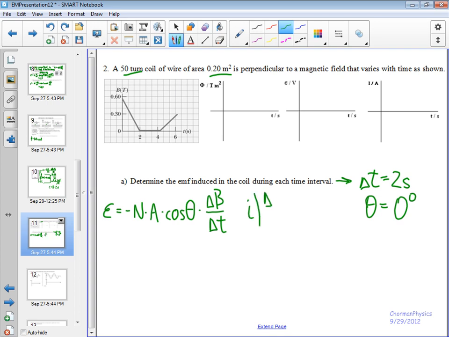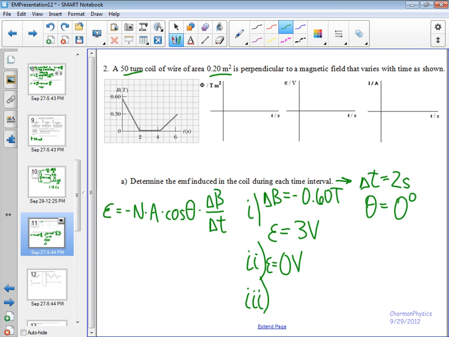What we end up with here, in the first region, since delta B in this region is equal to negative 0.060 Tesla, we end up solving for the EMF as being 3 volts. In part 2, there is no change at all, so the EMF is equal to 0 volts. And in part 3, the EMF is equal to negative 1.5 volts.